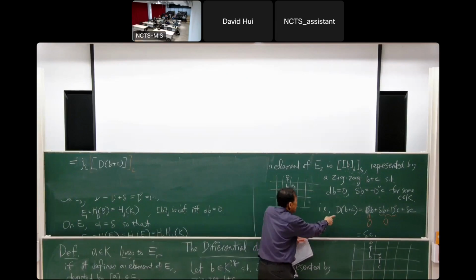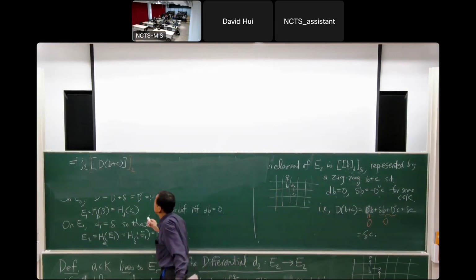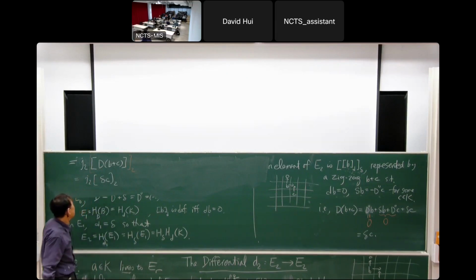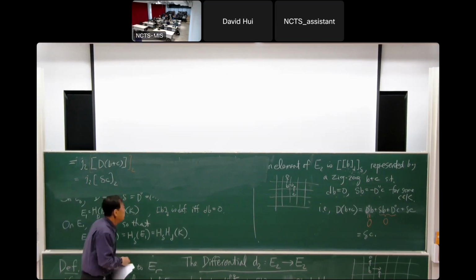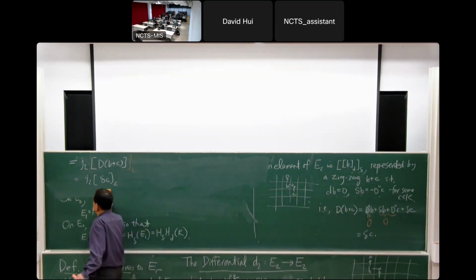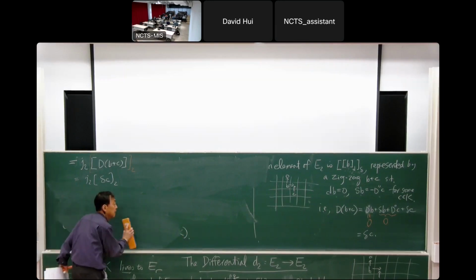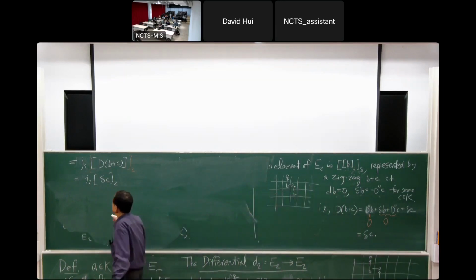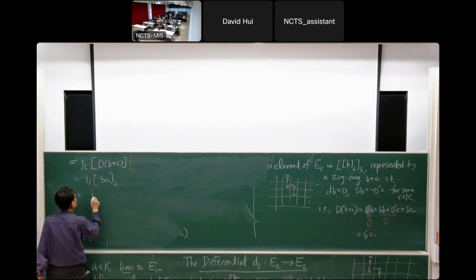Big D of B plus C is delta C, so this is delta C, and take its class in E2. And then J2 is J1 of I inverse delta C.